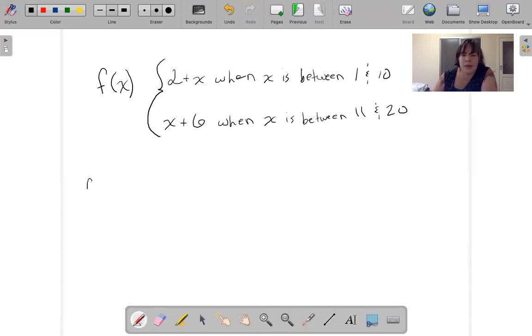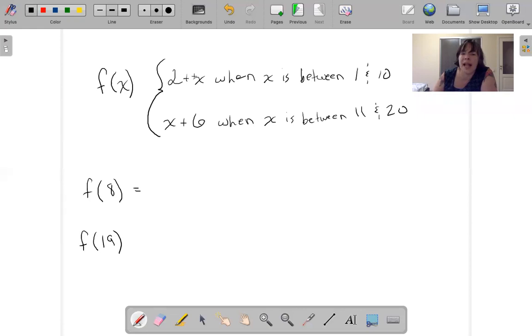I want to do f of 8 and f of 19. F of 8. Well, 8 is between 1 and 10.